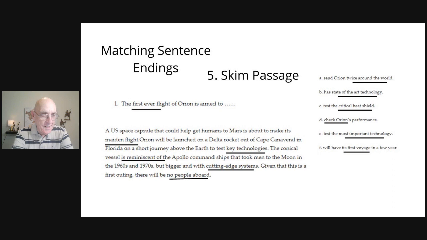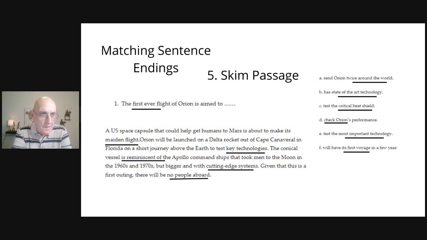Cutting edge is a synonym for brand new, advanced technology. And no people aboard. No people aboard is another way of saying that it could be a crewless or manless flight. So we have these things that are going to be clues for answering some of the questions.